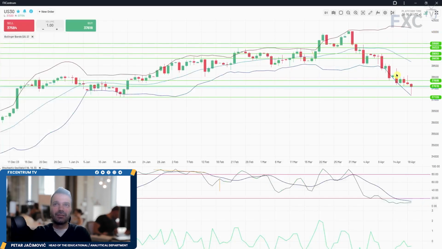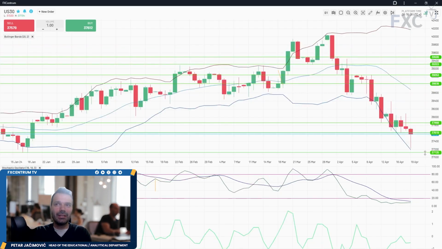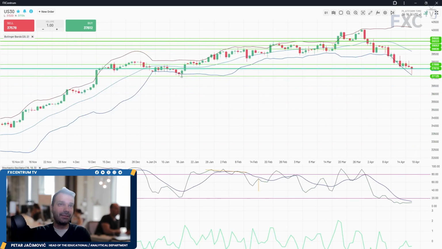US30 is progressing pretty well since the initial breakout of the lower Bollinger Band and the consolidation at this point. And we almost reached here the 37,125, this low from mid-January.